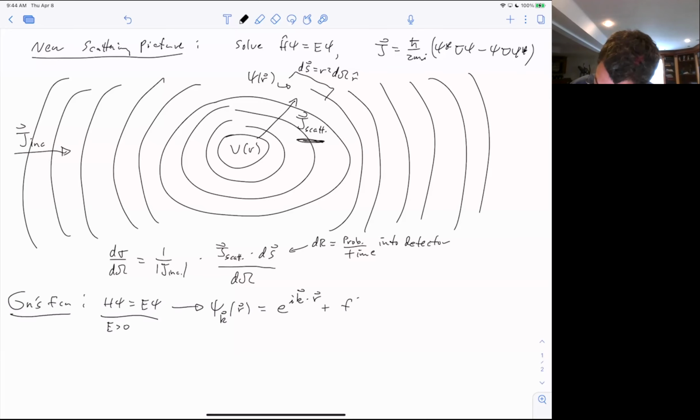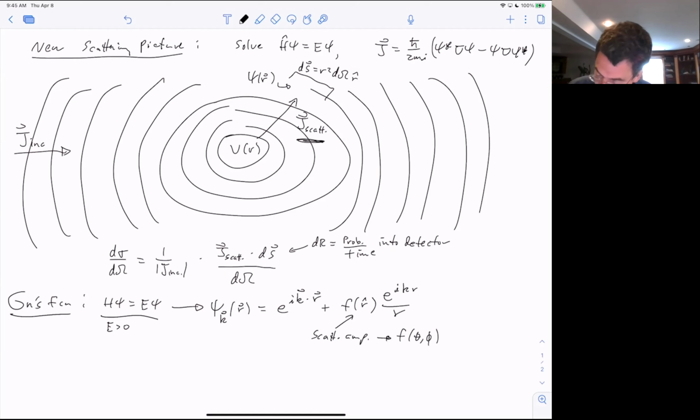And the scattered wave gets multiplied by this thing in front, which is the scattering amplitude, and it goes as e to the ikr. That's the scattered wave. And the scattering amplitude is a function of theta and phi, because that's what r hat is. It just points in the direction of theta and phi for the r vector.